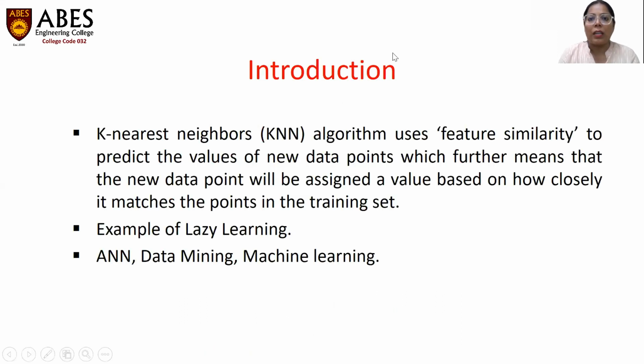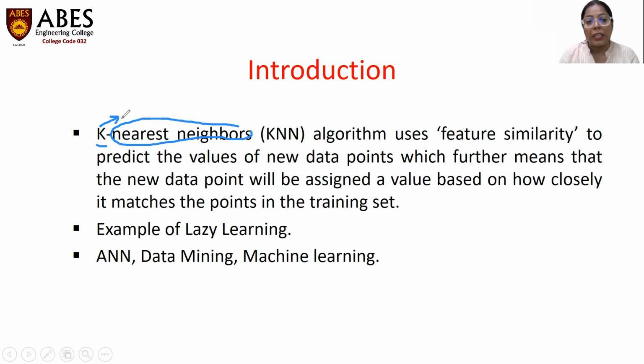Introduction. What is KNN? The word KNN stands for K nearest neighbor. So you might be thinking, what is K and what is the nearest neighbor? Here K is the number of nearest neighbors.